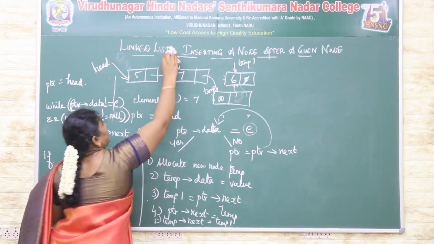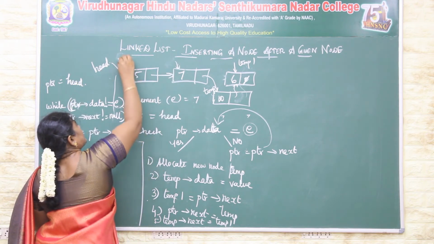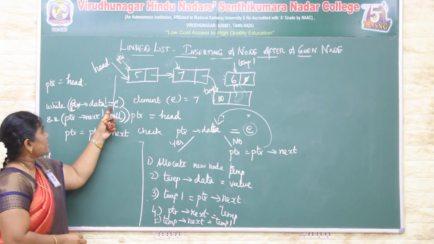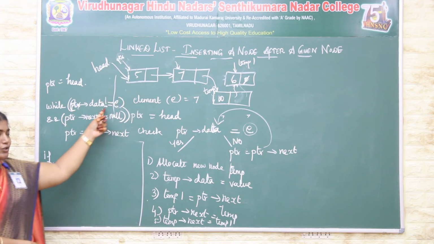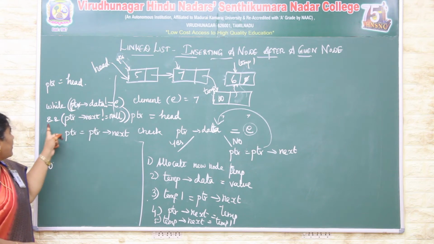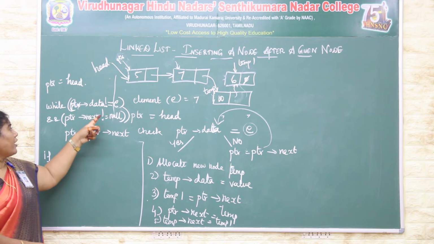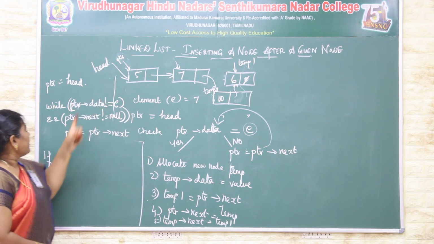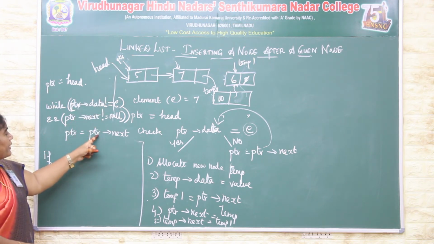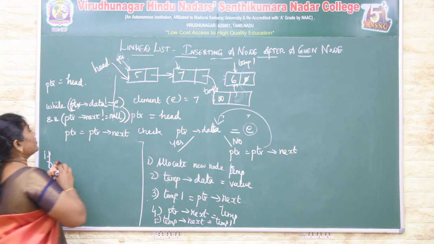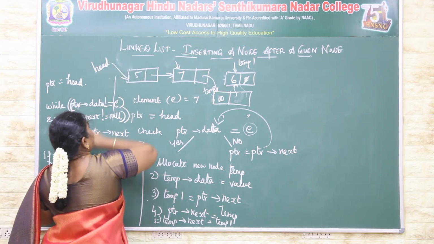So automatically, now this is my PTR. Here I am checking PTR pointer data not equal to element: yes, the condition is true. And PTR pointer next not equal to null: this condition is also true. So I move PTR equal to PTR pointer next, and it will be moved here. Now again I am checking whether PTR pointer data is not equal to element.